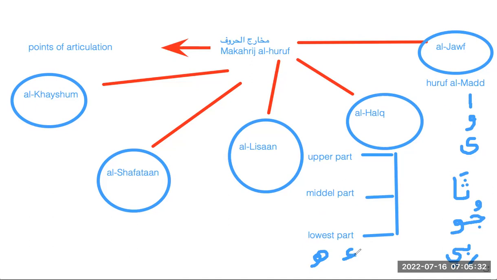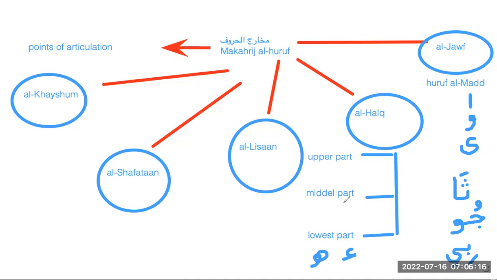We can write hamza on top of alif, and it is then called hamza. You can write hamza on waw; once you see hamza on waw, that is not waw, it is hamza. You can write hamza on ya; when you see hamza on ya, it is not ya, it is hamza. I believe I taught you that, right? So this is hamza, and this is ha.